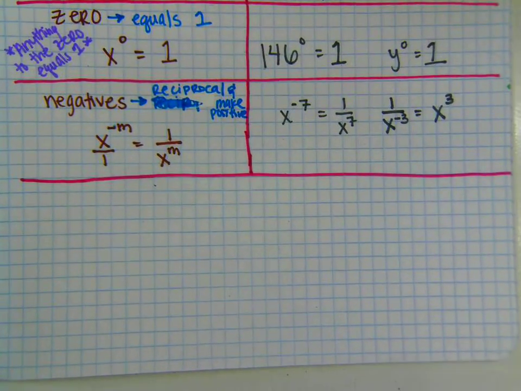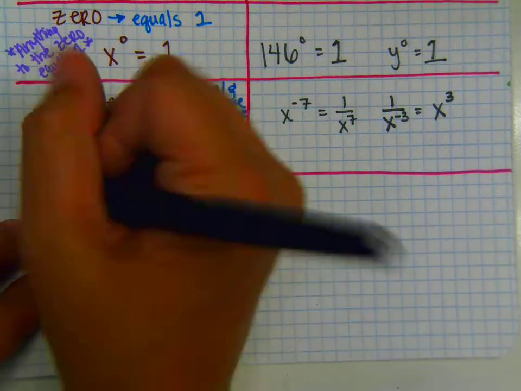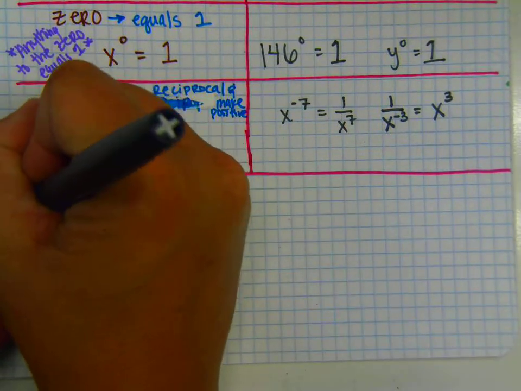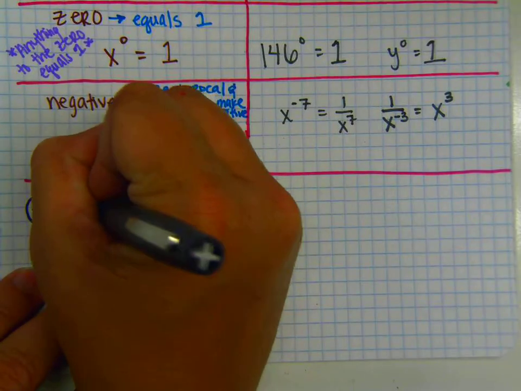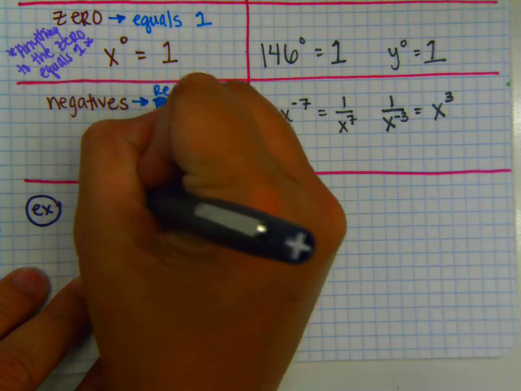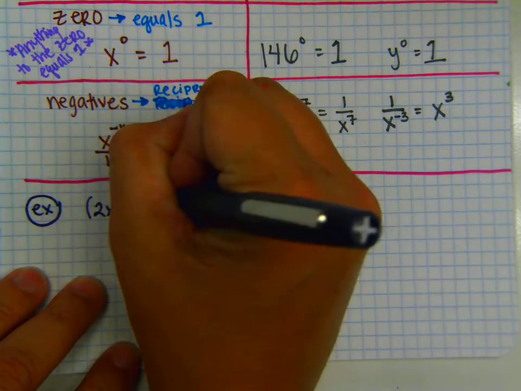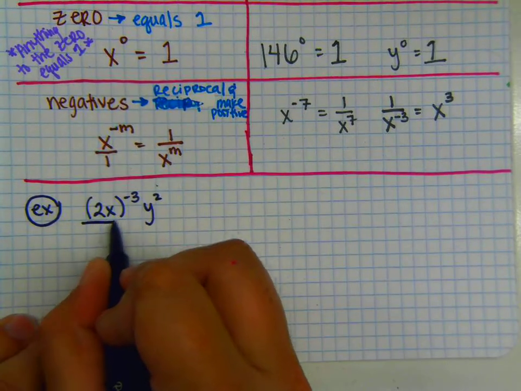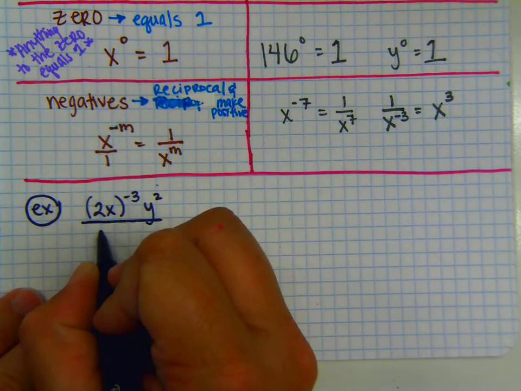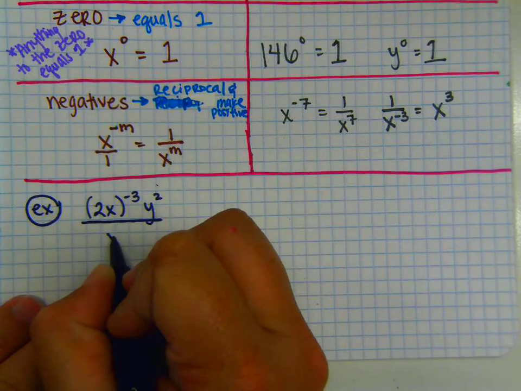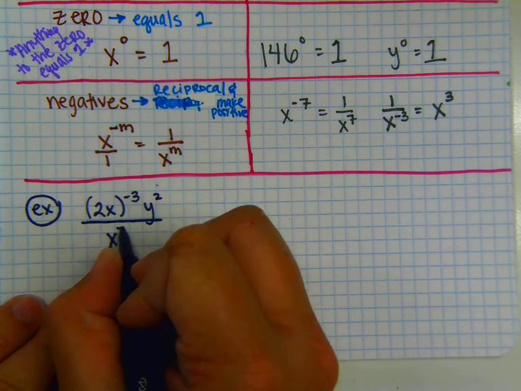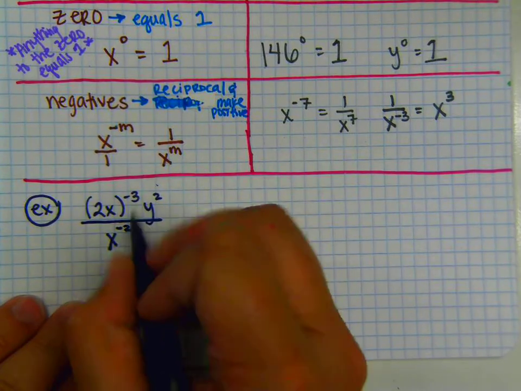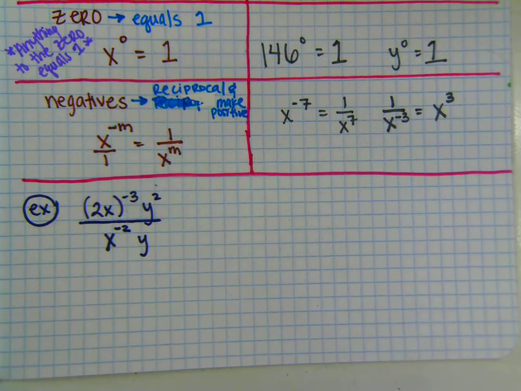So, let's do an example together where we use all these rules put together. So we could have something like this. Okay, something like that.